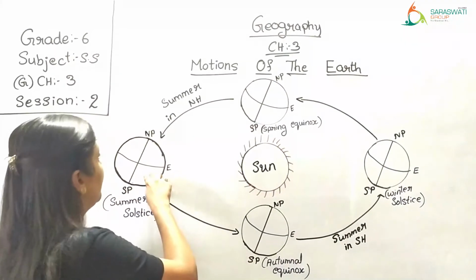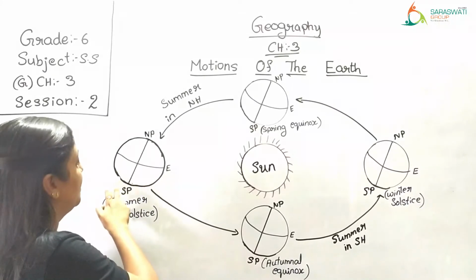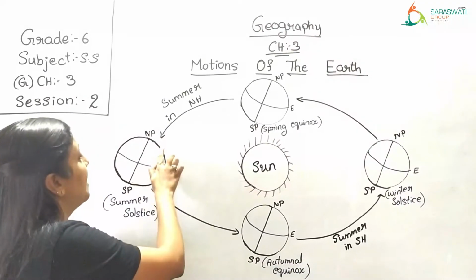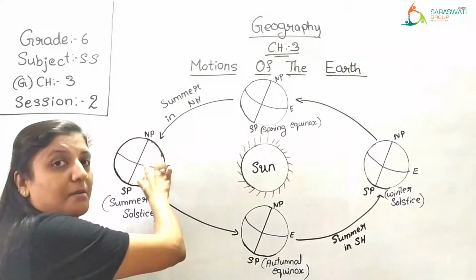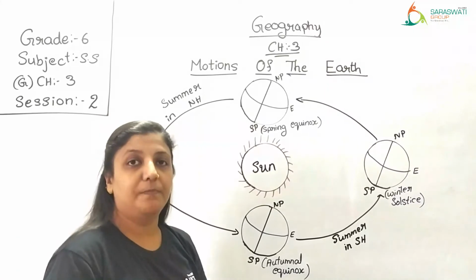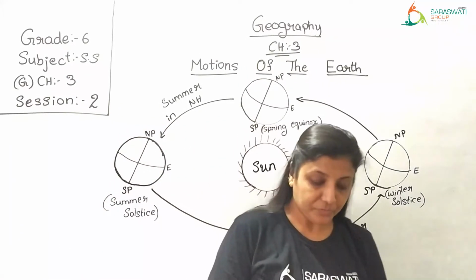Similarly here, the northern hemisphere is towards the sun and the southern hemisphere, towards the south pole, is away from the sun. So the upper part, the northern hemisphere, will have summer and the southern hemisphere will have winter. This is because of the revolution.